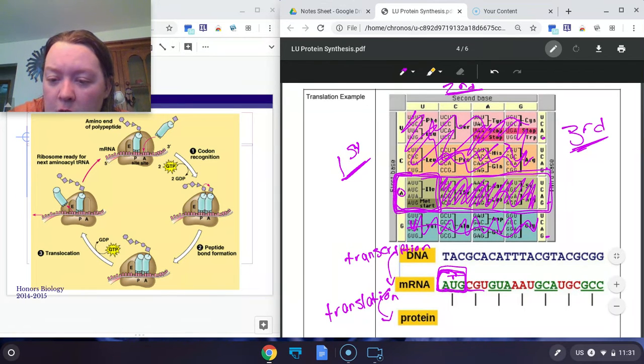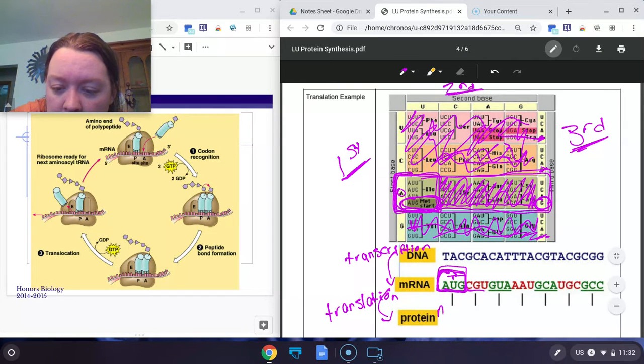Now I've already marked out this section, so this G doesn't work. I marked out this section, so this G doesn't work. The bottom G, I marked out that section, so that G doesn't work. The only G that is left is this one here in the box that I've already circled. I follow that one over, and I see AUG right here, and it stands for MET.